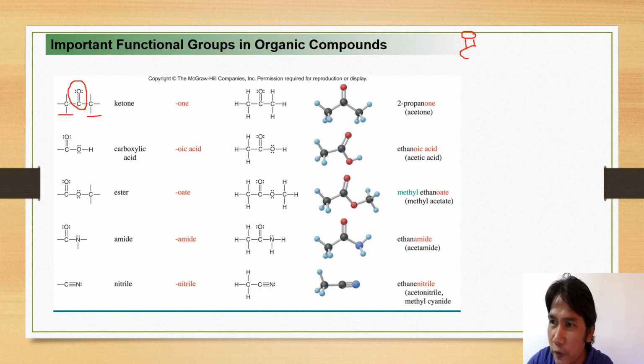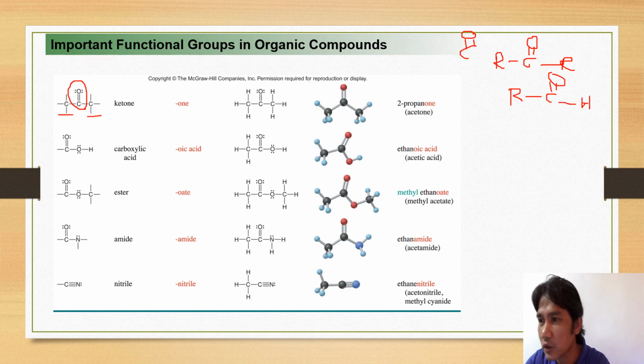So the general formula could be R, C double bond O, R. Unlike in aldehyde, where the carbonyl must be at the terminal, the end-most carbon, and so the carbon is bonded to hydrogen.